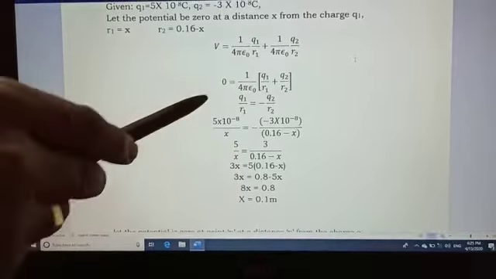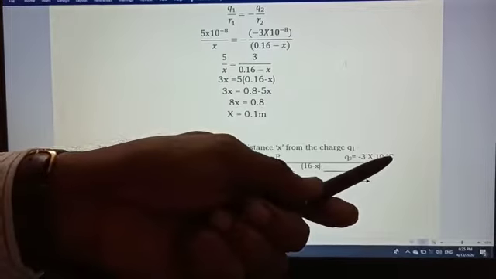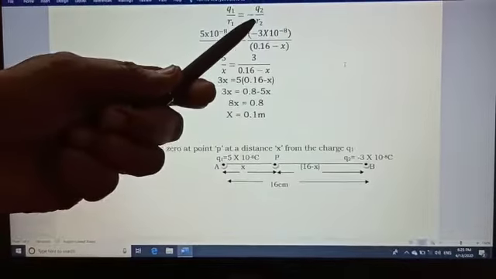So substitute. Q1 is 5 into 10 to the power of minus 8. R1 is from here to here, this distance, so we have x here. That is equal to minus 3 into 10 to the power of minus 8 divided by R2, and R2 is 16 minus x. So simplify this.